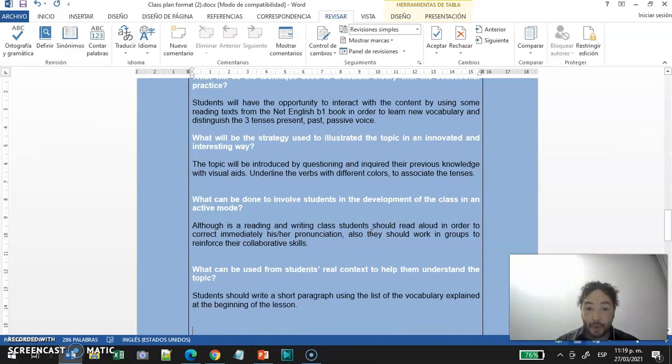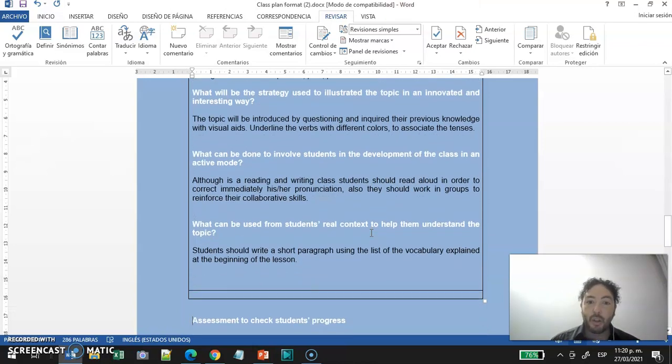The strategy that we are going to use is to illustrate and introduce by questioning and inquiring about the previous knowledge of the students, and also using visual aids. Also, we are going to underline the verbs with different colors to associate the tenses.